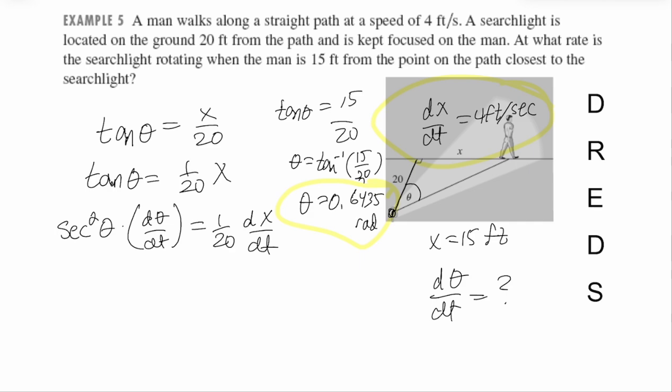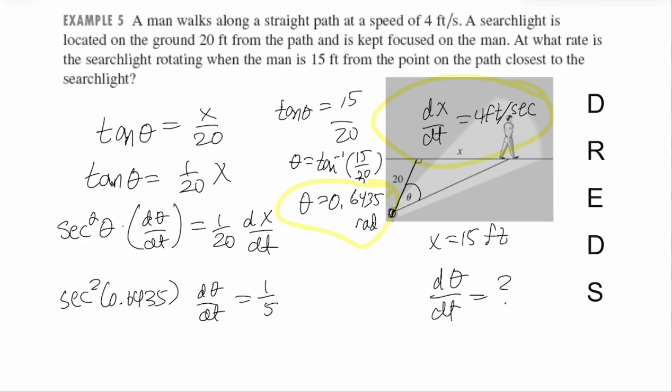So we find the secant of 0.6435 radians, and then square it. Dx dt was 4, so 1 over 20 times 4 is 4 over 20, which is 1/5, or 0.2 as a decimal.